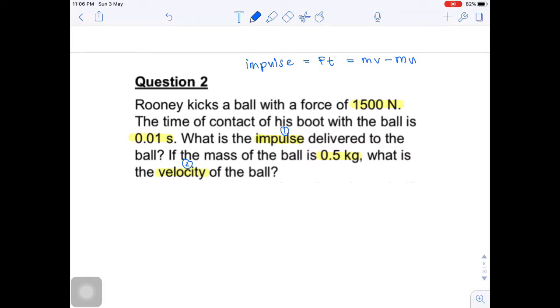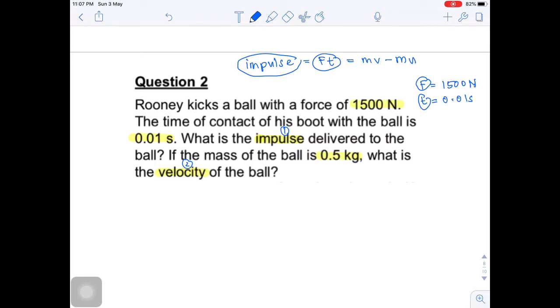Okay, so let's answer the first question. The information given is force equal to 1,500 Newton, time of contact is 0.01 second. So we have F and we have t, means that we have Ft, so we can answer the impulse.